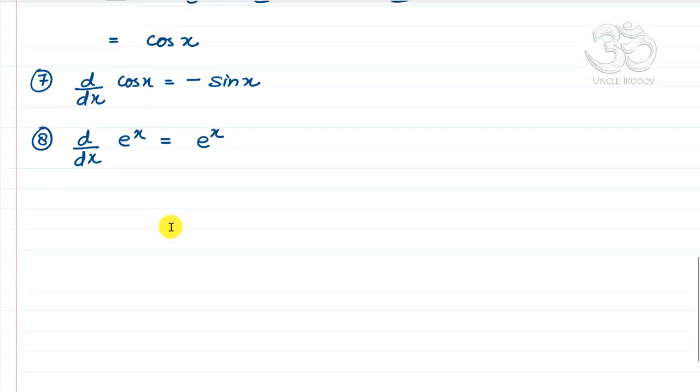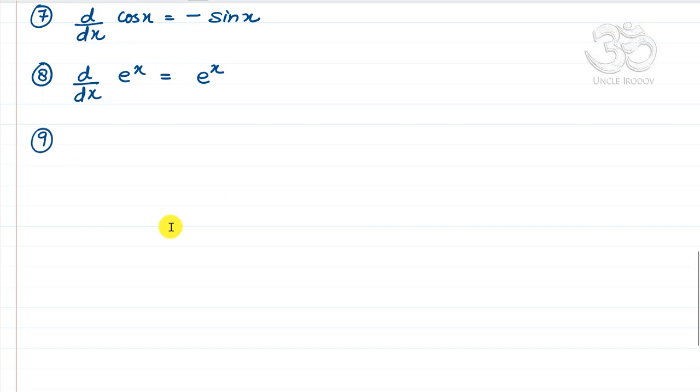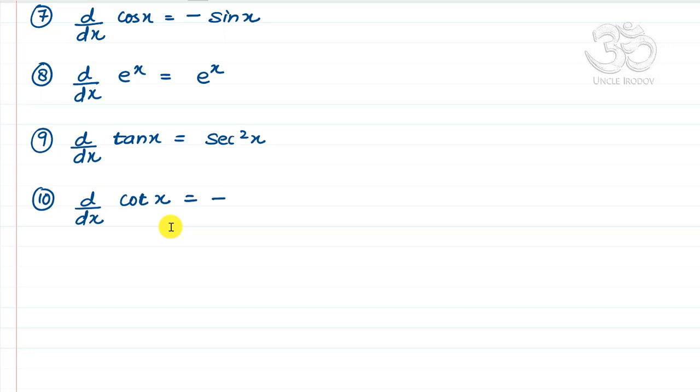So e power x will remain e power x. Then there are other formulae that you should know. d by dx of tan x is, yes, not minus, that is cot x. So this is secant square x. Then d by dx of cot x... you have to just keep in mind that you see that we have two functions, tan, cot, and then there we have secant and cosecant.